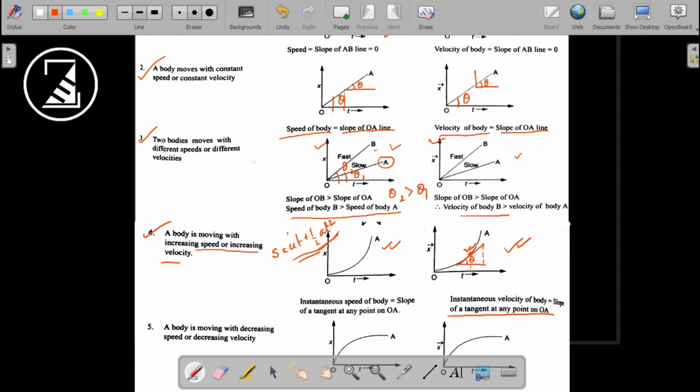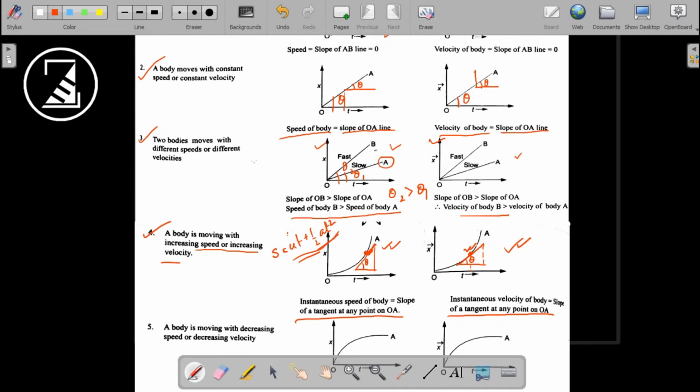Similarly, for the instantaneous speed of the body, suppose at this point we want to find the instantaneous speed. Then we have to draw a tangent at this point, and this is the slope theta, and the slope of the tangent at this point on the OA line will give us the instantaneous speed.